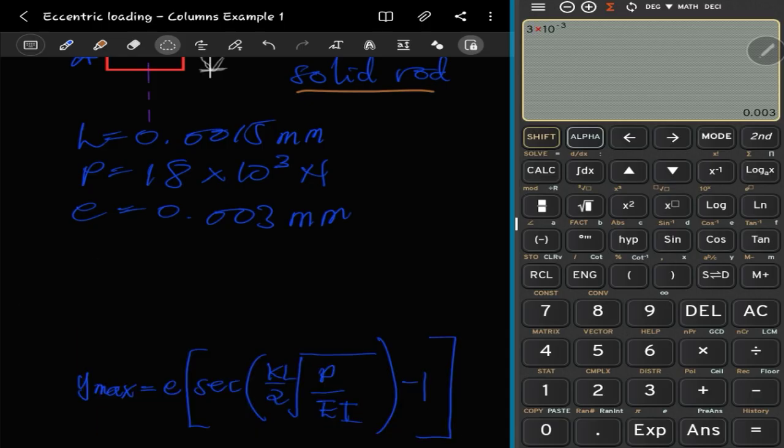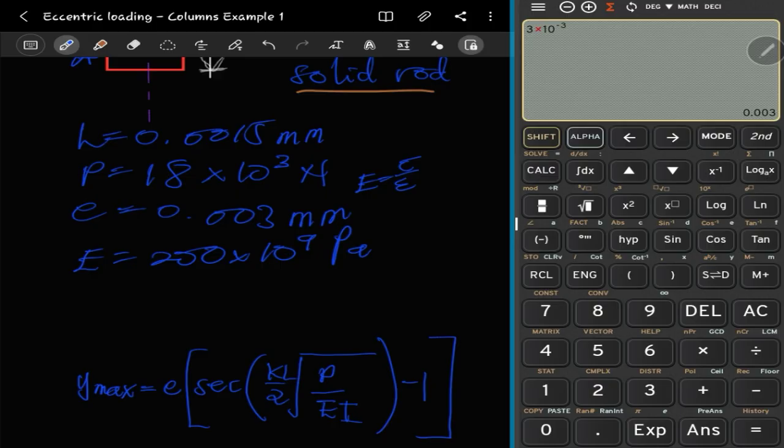So we know the E to be 200 gigapascal, which is 200 times 10 to the power 9 pascal. But again, we know E equals stress over strain, and anytime we are given E in pascal, it is actually newton per meter squared. So everything here is in meters, but we want that to be in mm.